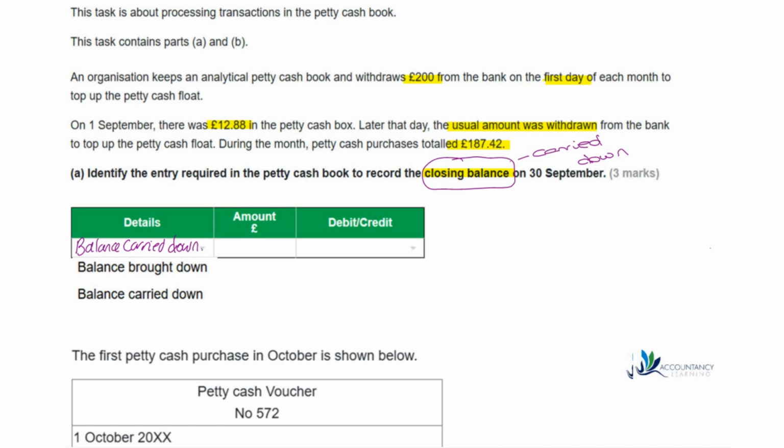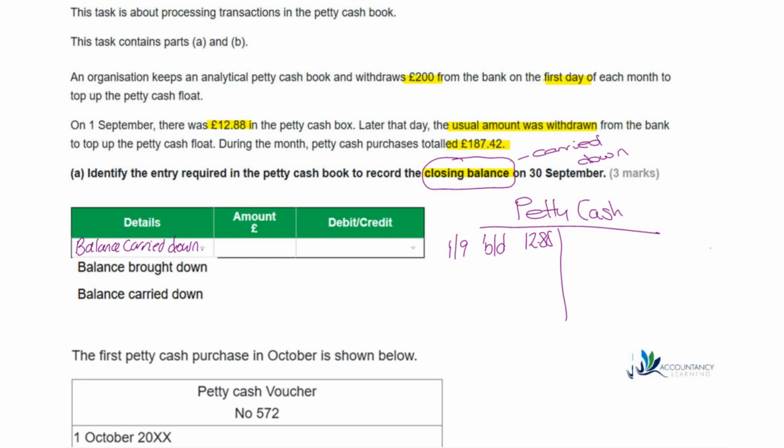And then to do the rest of it, we're now going to draw out a T account to make it really simple and clear. So here's our T account for petty cash. We're told that on the 1st of September there was a brought down balance of £12.88.